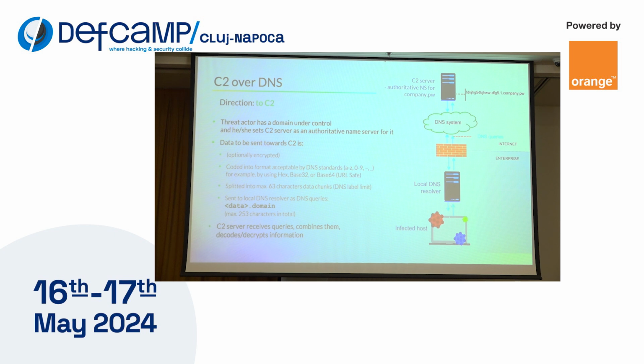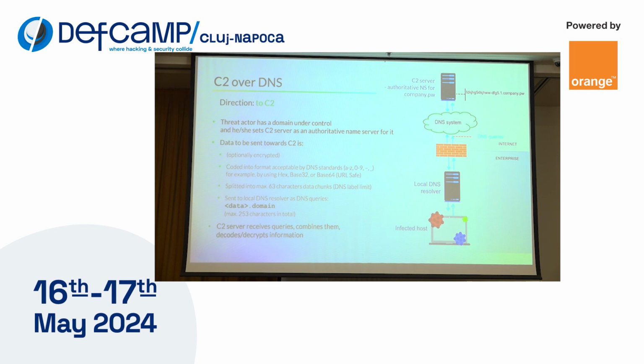RFC is not limiting what you can use actually. RFC is just saying it's highly recommended to use those characters. So typically most advanced threat actors will try to use those, because then they will not be doing any traffic which will be more easily detected as an anomaly, right?